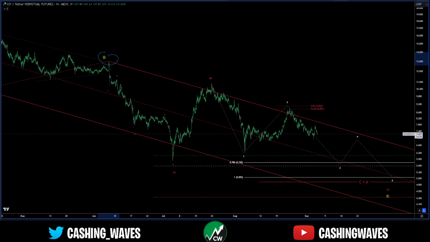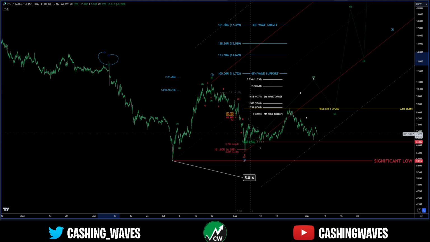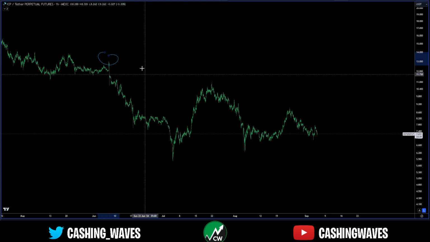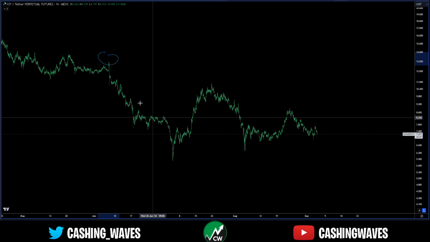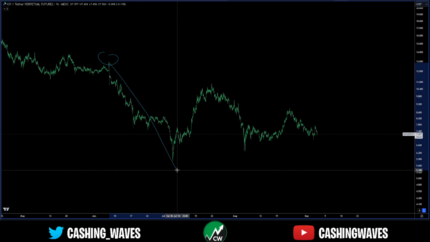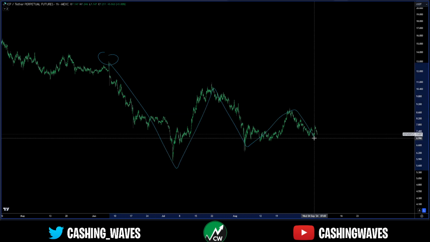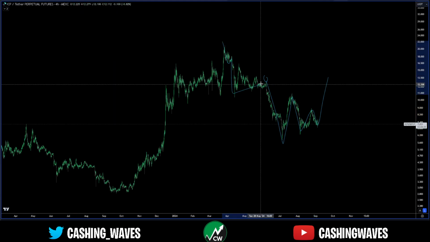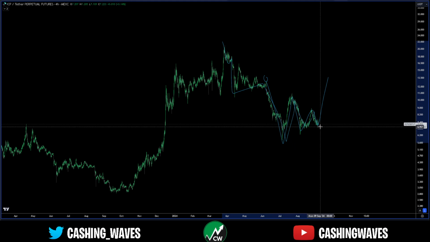If this was a three-wave move, like so, ABC. My only option I see recovery that would make sense with the structure is we get a zigzag and a triangle. A, B, C, D, E, and we absolutely launch from here. Now in that scenario, we'd still get our zigzag, X, triangle, and we go.